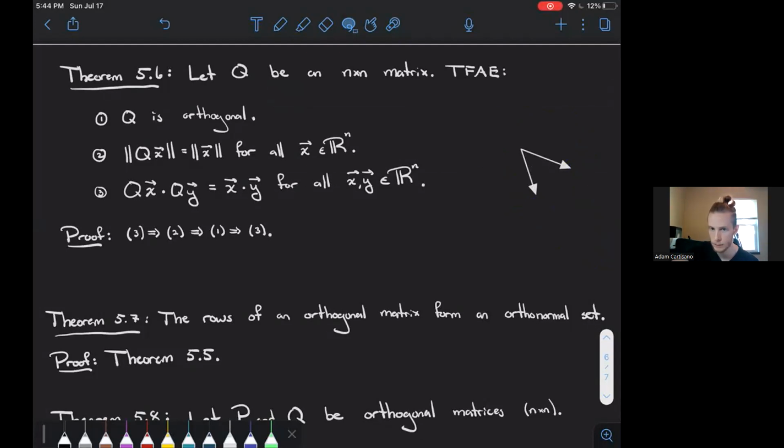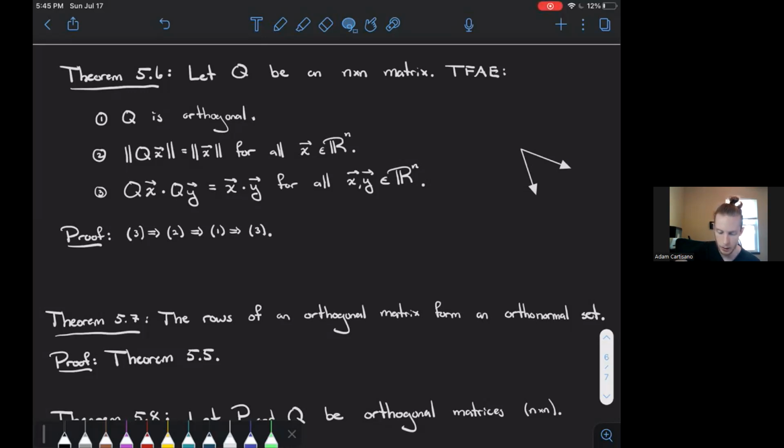Doing some kind of rotation or reflection doesn't change the geometry surrounding those vectors. These are the properties that orthogonal matrices preserve when viewed as linear transformations.